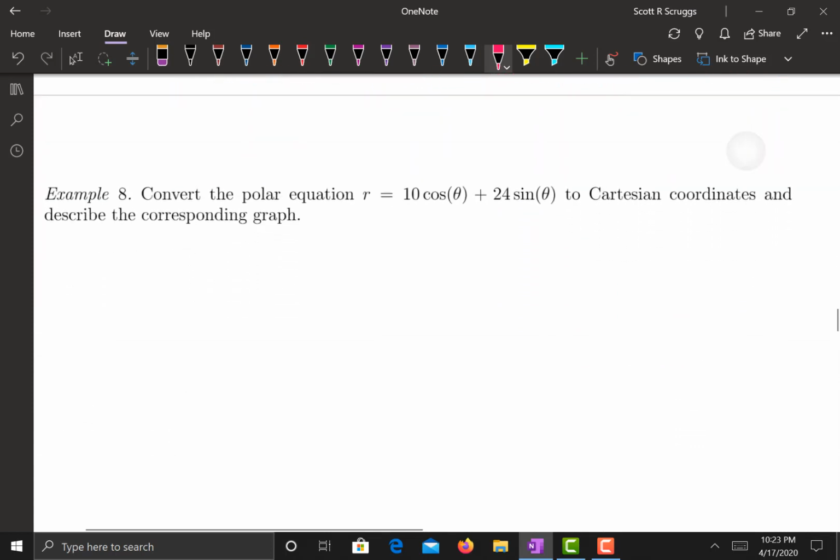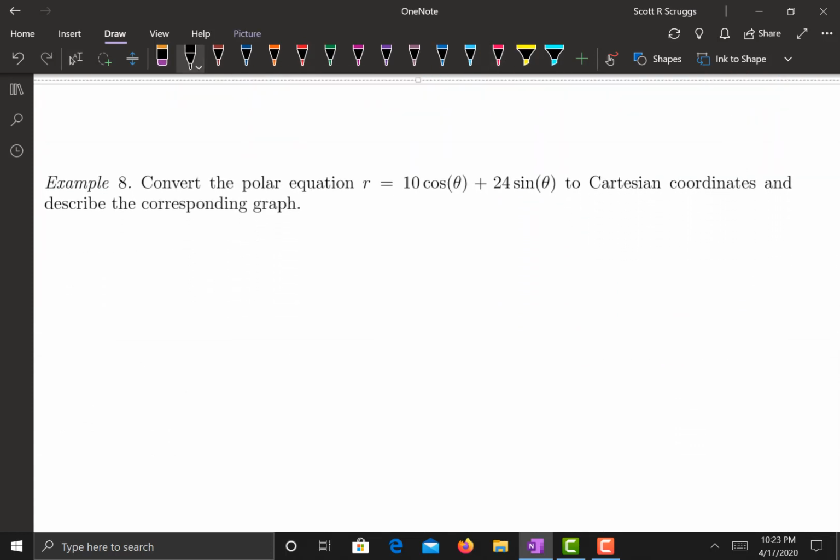So let's extrapolate that real quick, and let's use that same methodology to also find the equation of a circle in Cartesian coordinates. So first let's write down r equals 10 times cosine of theta plus 24 times sine of theta.